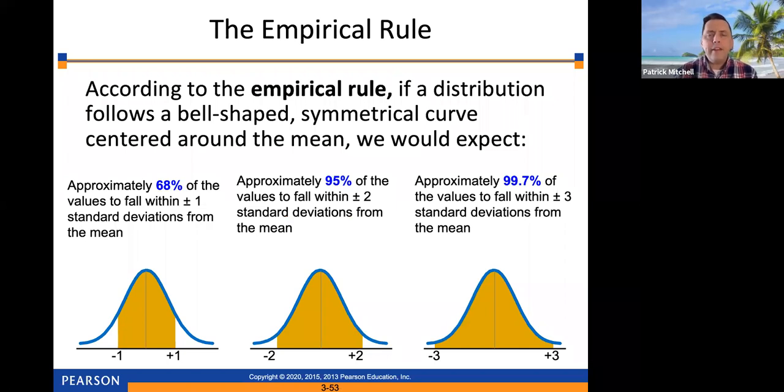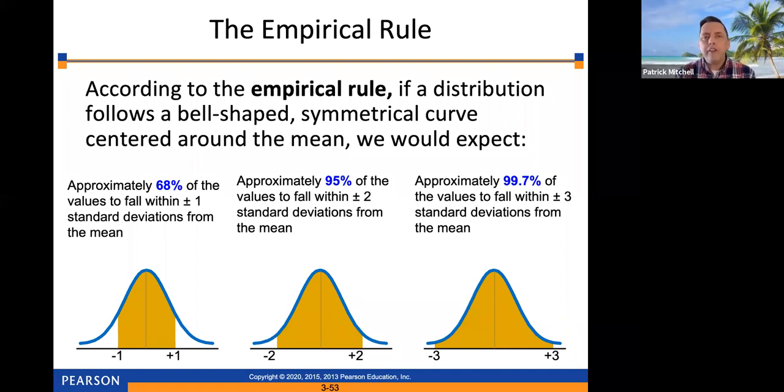All right, so here are a couple of different things that you can do that sort of relate to z-scores. First, we have the empirical rule, which says if a distribution follows a bell-shaped symmetrical curve centered around the mean, spoiler alert, later on we're going to call this kind of distribution a normal distribution.